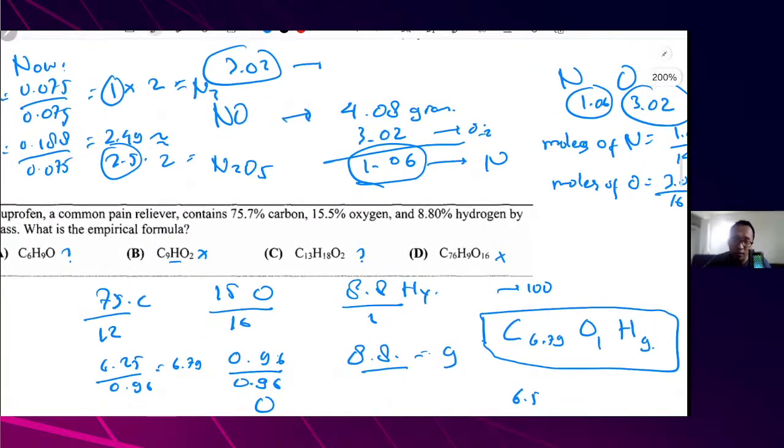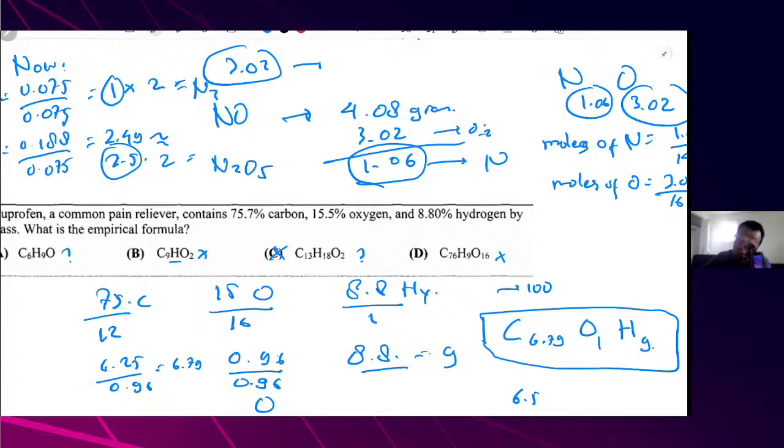To me, it might be the option C, because it might be close. The smallest one is this one.